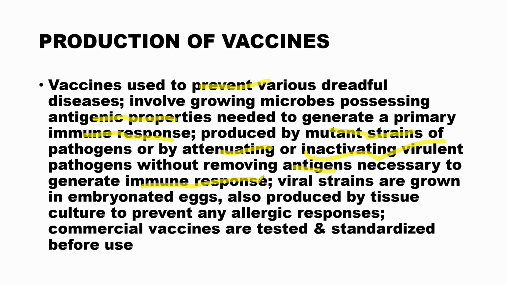Fine. Viral strains are grown in embryonated eggs, also produced by tissue culture to prevent any allergic responses. Commercial vaccines are tested and standardized before use.